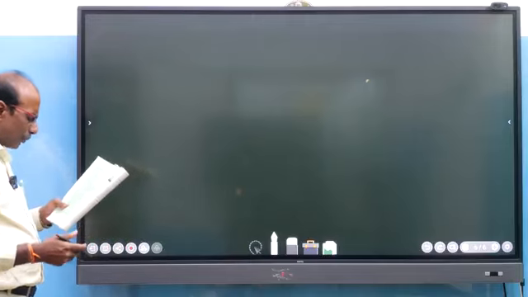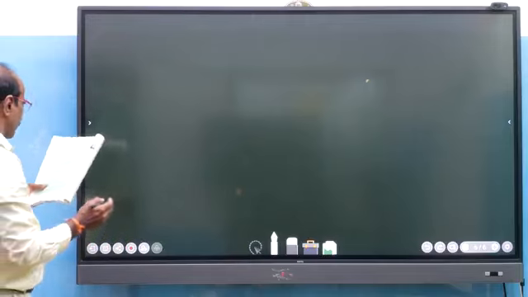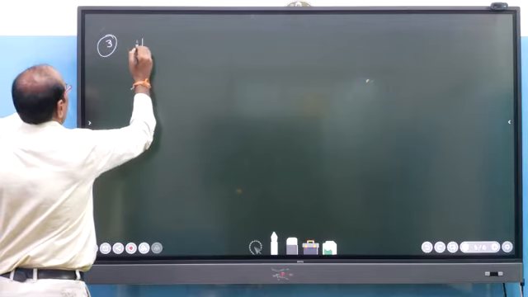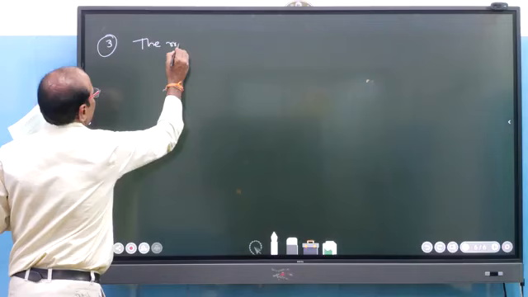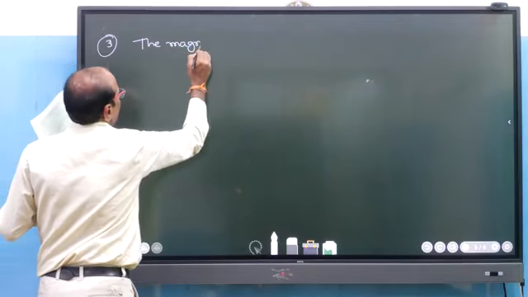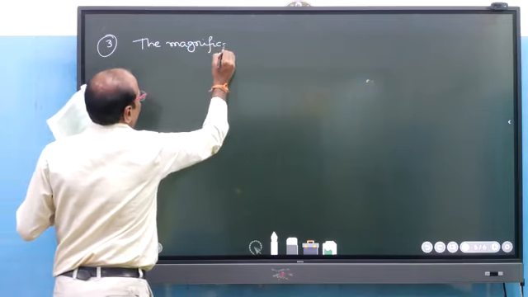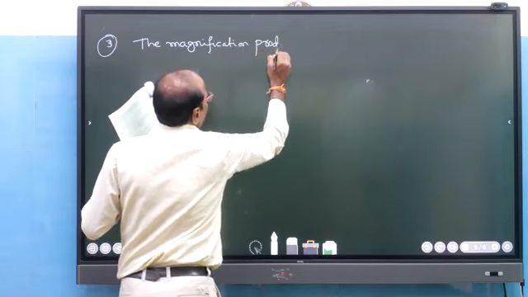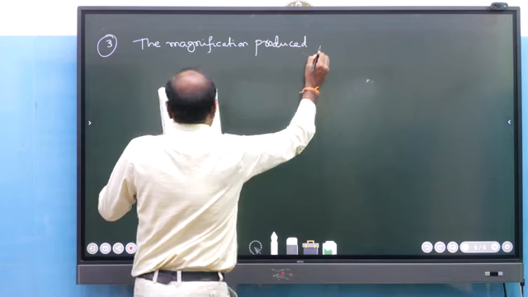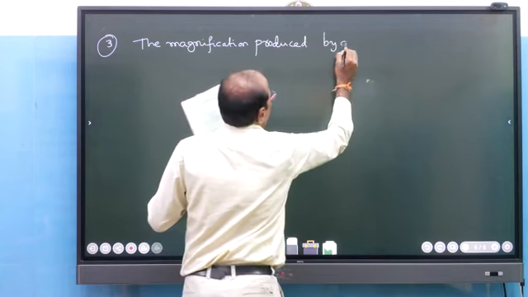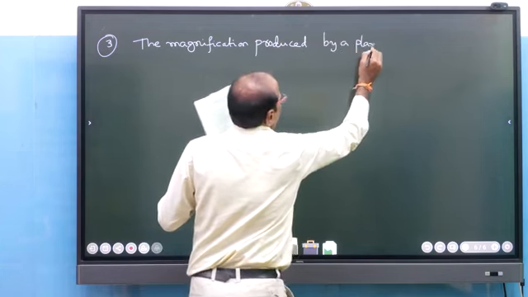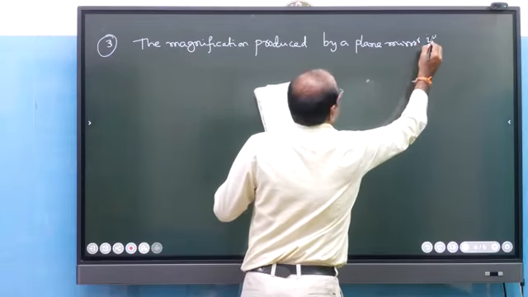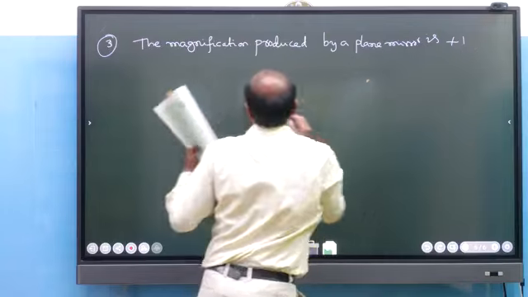The magnification produced by a plane mirror is +1.